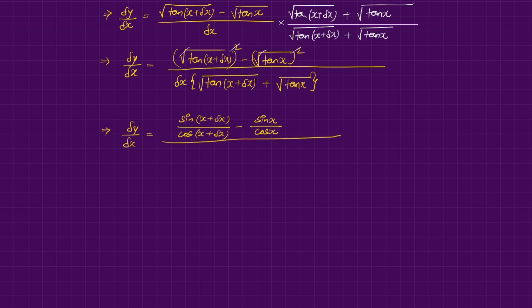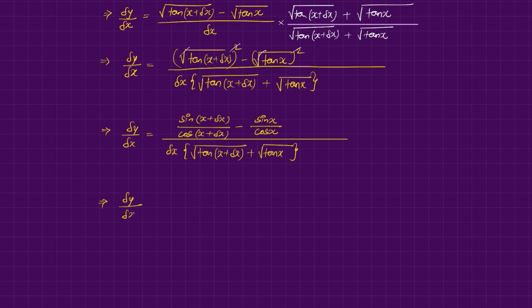But no need to change the denominator. So it will be delta x times root over tan of x plus delta x plus root over tan of x. So now let us simplify the numerator.